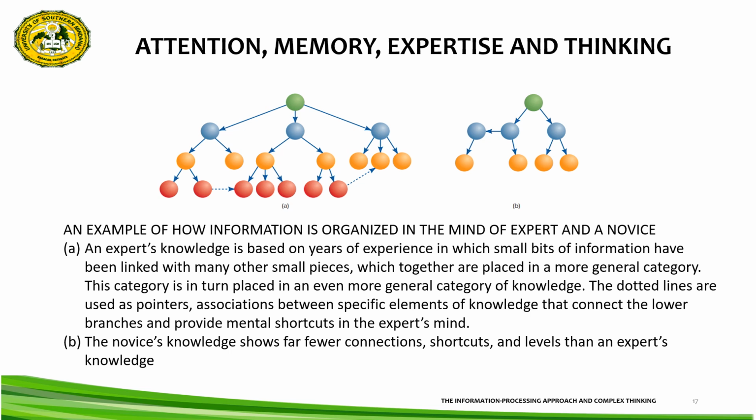The dotted lines are used as pointers, associations between specific elements of knowledge that connect the lower branches and provide mental shortcuts in the expert's mind. In comparison, in letter B, we have how information is organized in the mind of a novice. The novice's knowledge shows far fewer connections, shortcuts, and levels than an expert's knowledge.